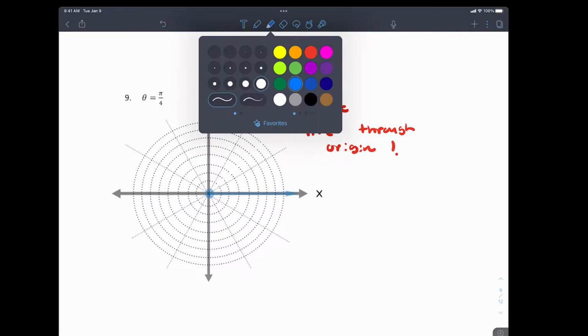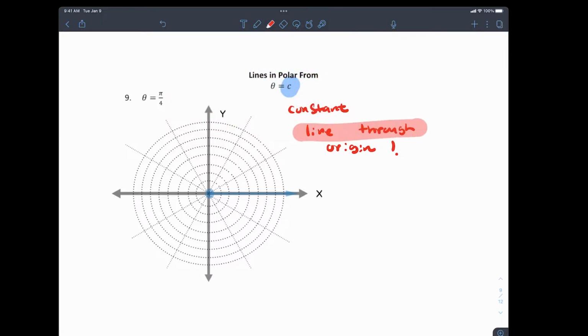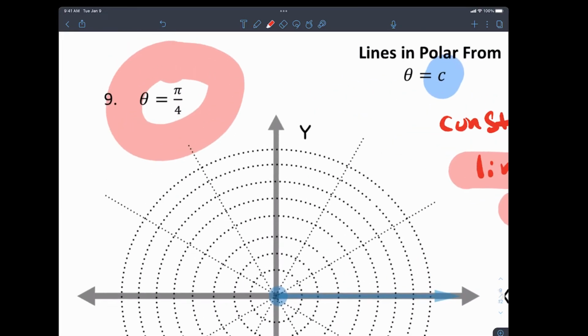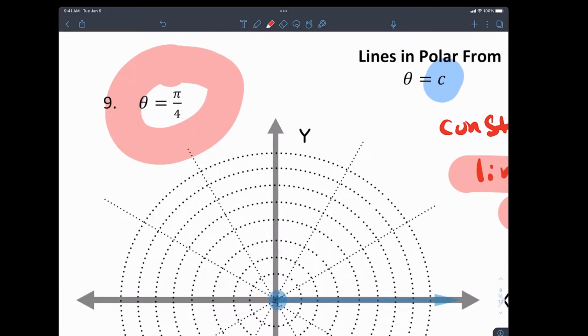So this is the general form right in here, a line through the origin. Theta is a constant. Like for a circle, r is a constant. We've seen that circle centered at the origin, radius r. This is the simplest form you can get.